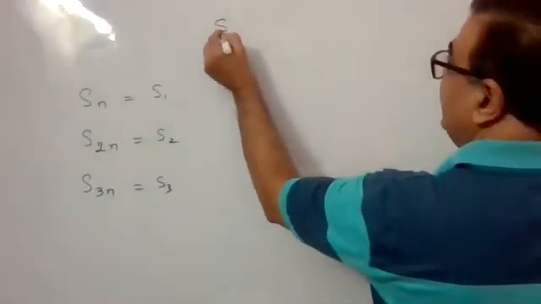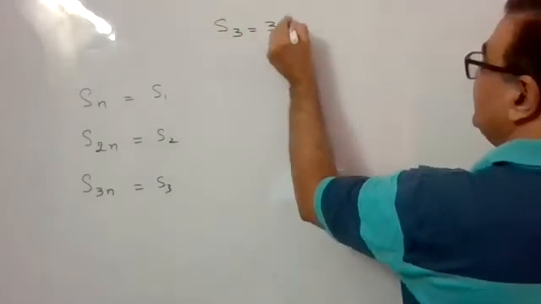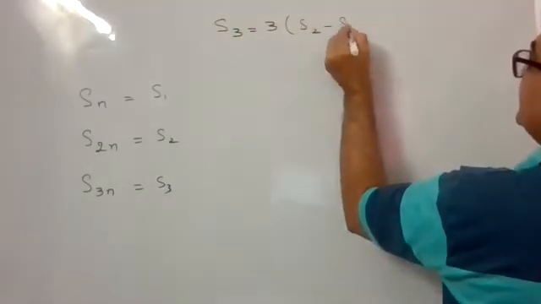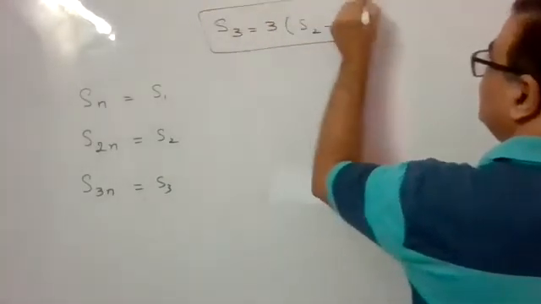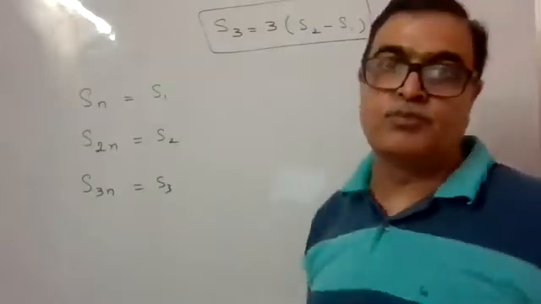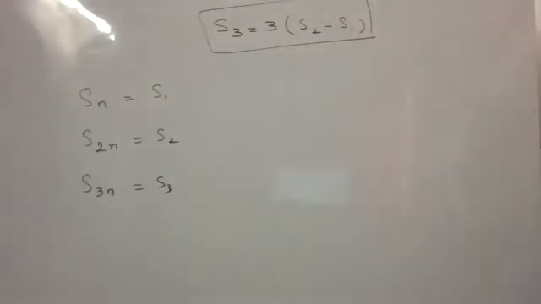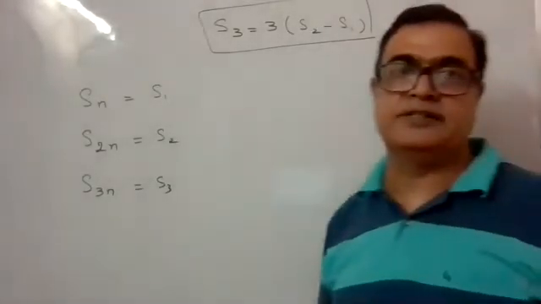Then my question is, prove that S3 will be 3 times S2 minus S1. You have to prove this. Prove that S3 will be 3 times of S2 minus S1.